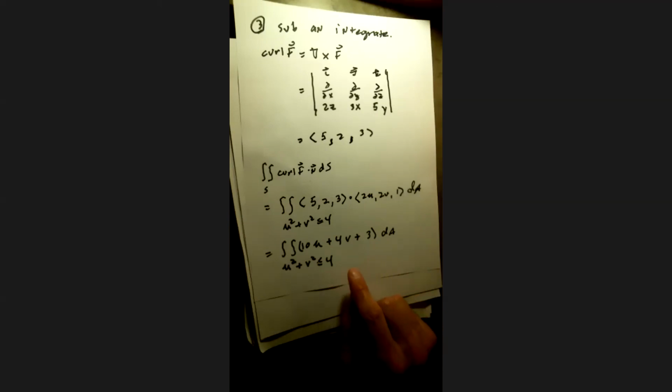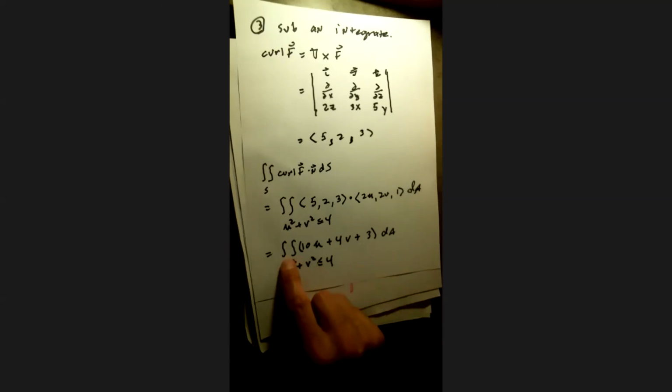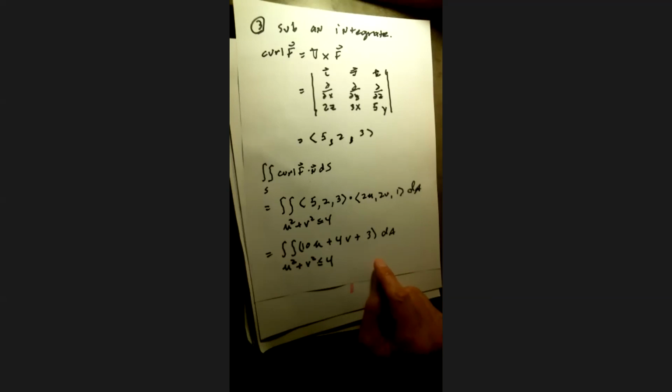So if we were to try to evaluate this thing directly, we should switch to which coordinate system? Cylindrical. It's just a double integral, so oh, yeah, so we just need polar coordinates.